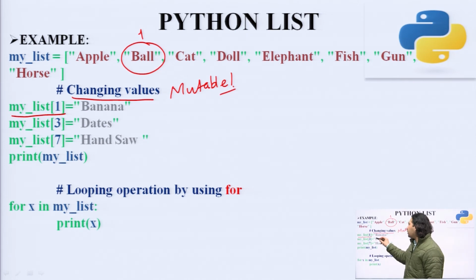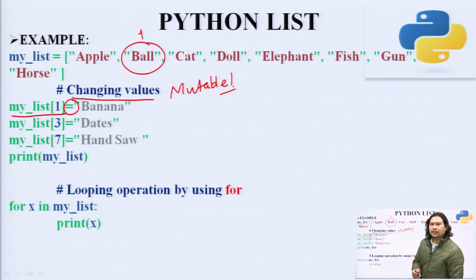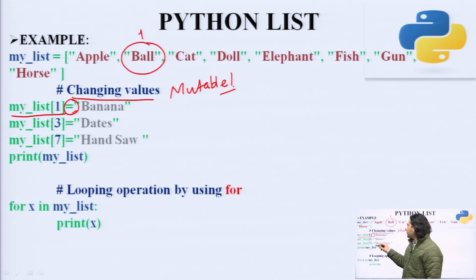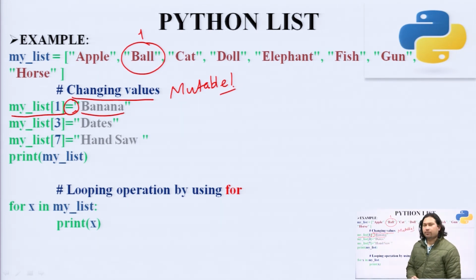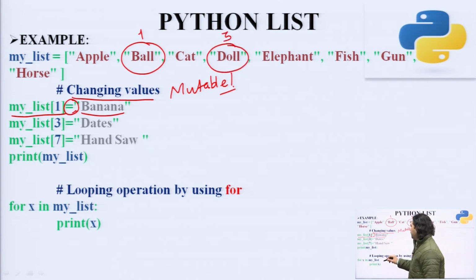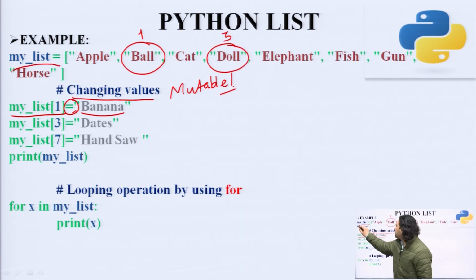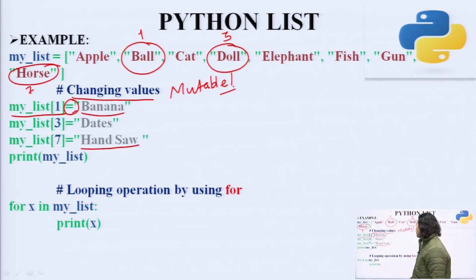Now, you need to reassign it. In order to reassign this, you use the assignment operator equal to followed by the updated value. Here the updated value is banana. Similarly, we are going to change the value of doll, that is 3, and similarly the last one, that is horse, 7, with hands.